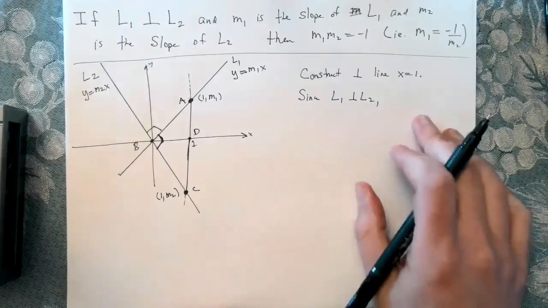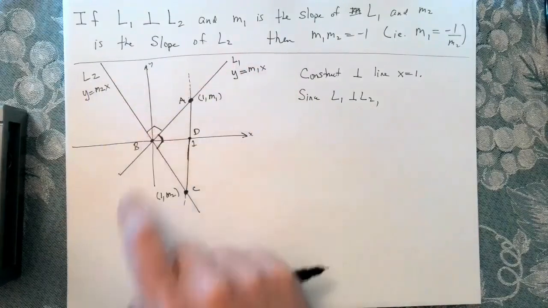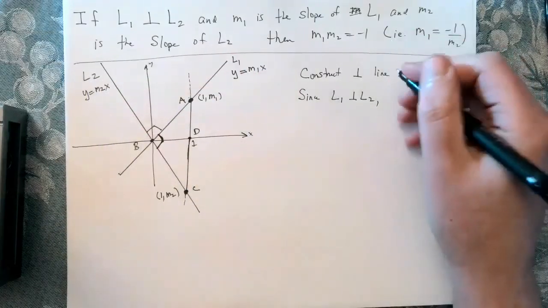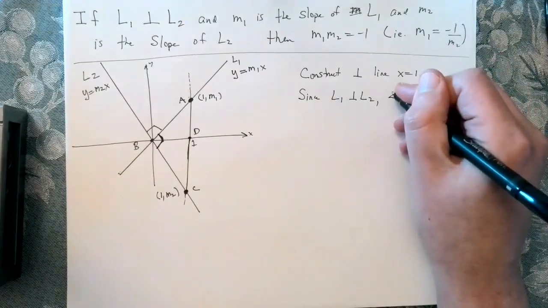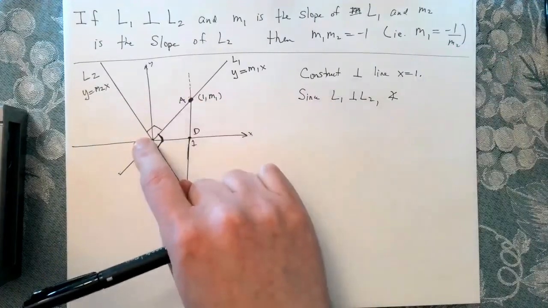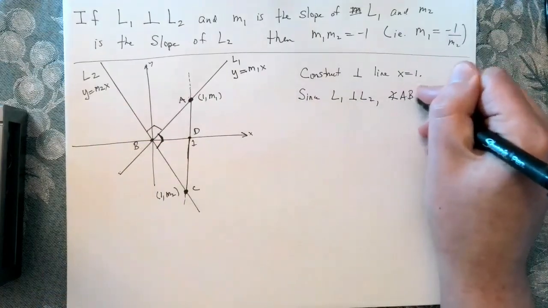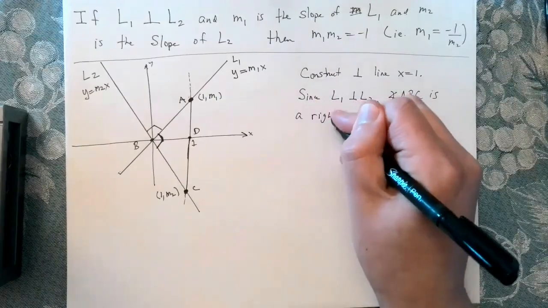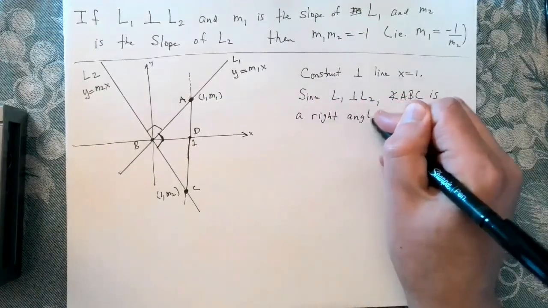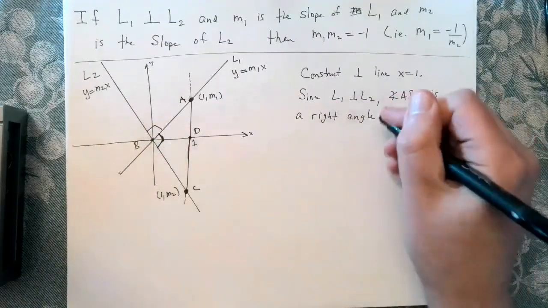We can refer to them in our proof. Okay, so since L1 is perpendicular to L2, we must have, by supplementary angles, that angle ABC is a right angle. Right, 90 plus 90 equals 180, and that's on a straight line.